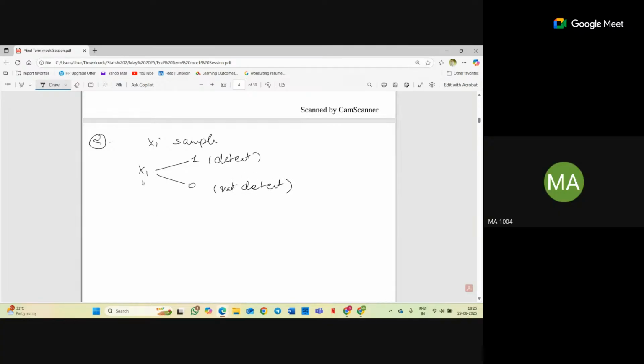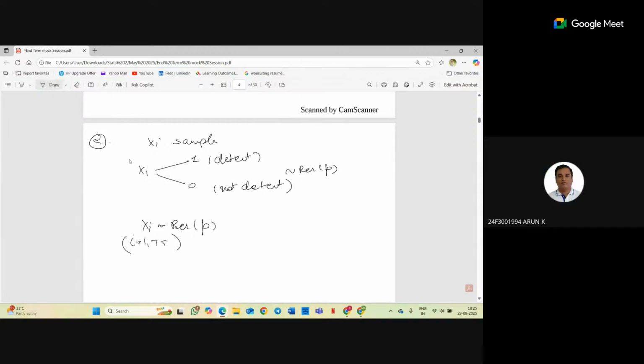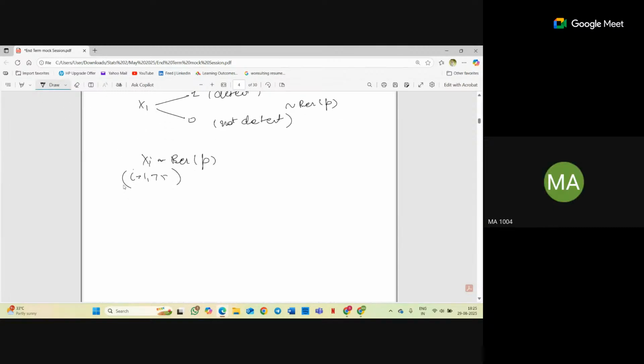So this is Bernoulli with parameter p. Yes or no? Yes. I can generalize into xi also. So it will be Bernoulli with p as a parameter for all the xi samples, where i is going from 1 to 75. Yes or no? Yes.